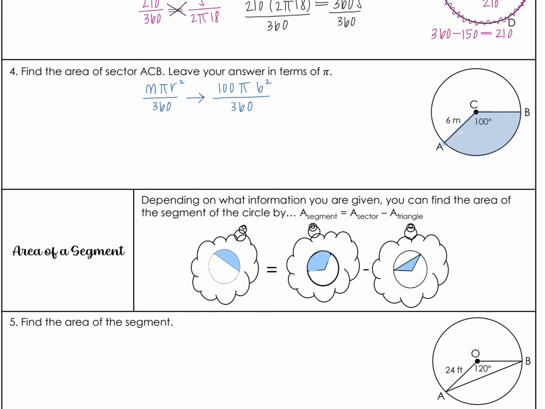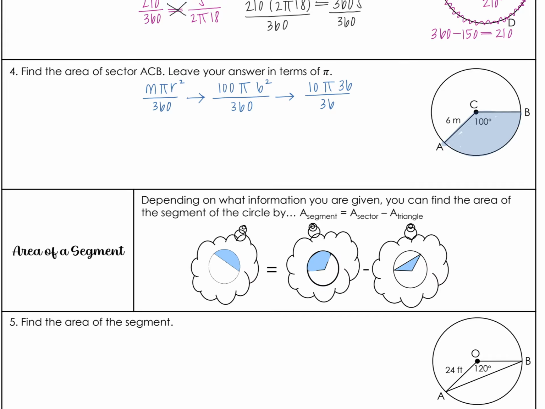I'm just plugging into my initial. Then I'm going to simplify a little bit. So I'm going to rewrite. Once again, I do see that 100 and that 360 are both divisible by 10. So I'll get 10 pi, I'm going to square that 6 to get 36, all divided by that 36 I got when I divided by 10.